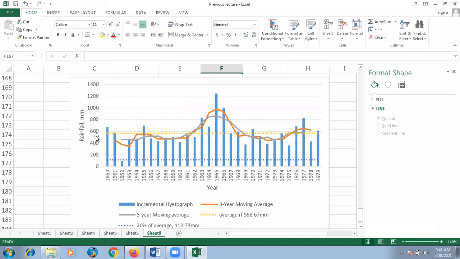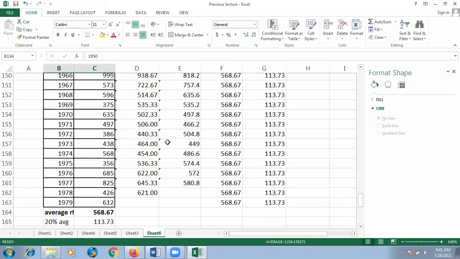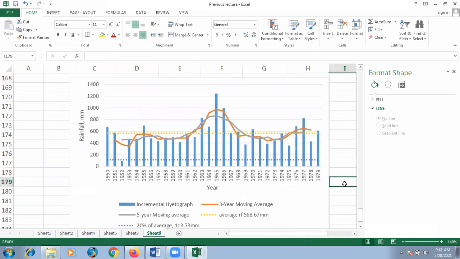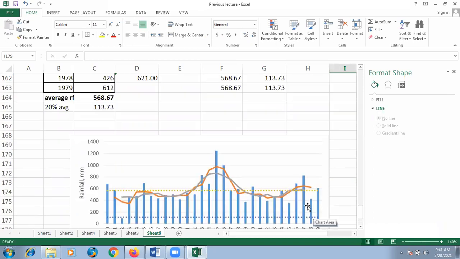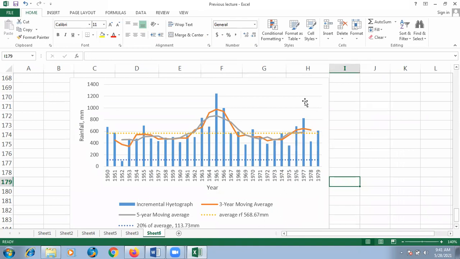And this kind of understanding is not possible if you just look at the data presented in the form of a table. So this is how you would plot a moving average curve. A moving average curve helps us to understand the trend of the rainfall. So whether over a period of time the rainfall is increasing or decreasing is better understood by means of a moving average curve.